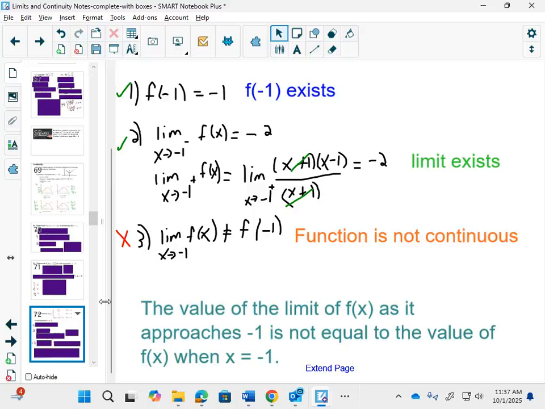So you need all 3 things to come up and be true for the function to be continuous.